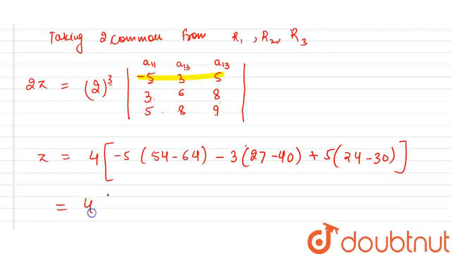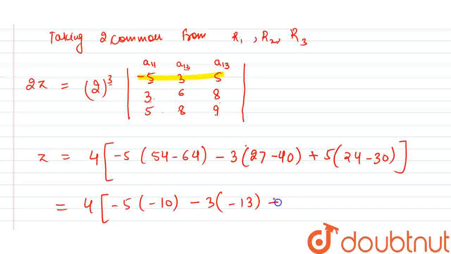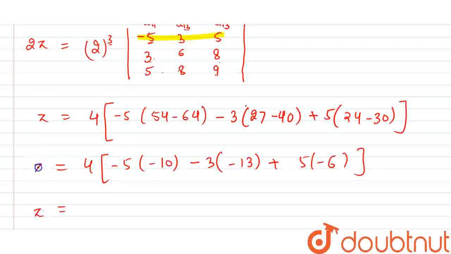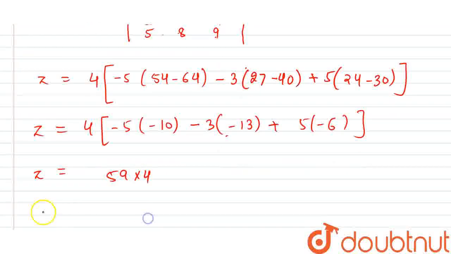Now this will simply give minus 5 times minus 10, minus 3 times minus 13, and plus 5 times minus 6. So the final value will be 50 plus 39 minus 30, which gives 59 into 4, and the Z that we have is 236.